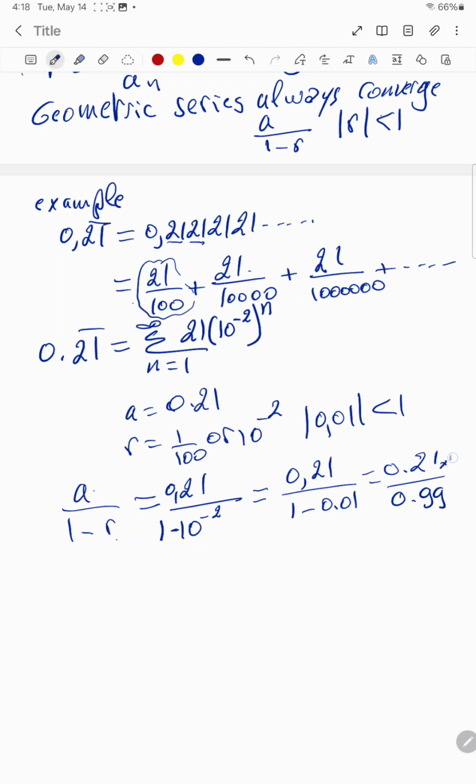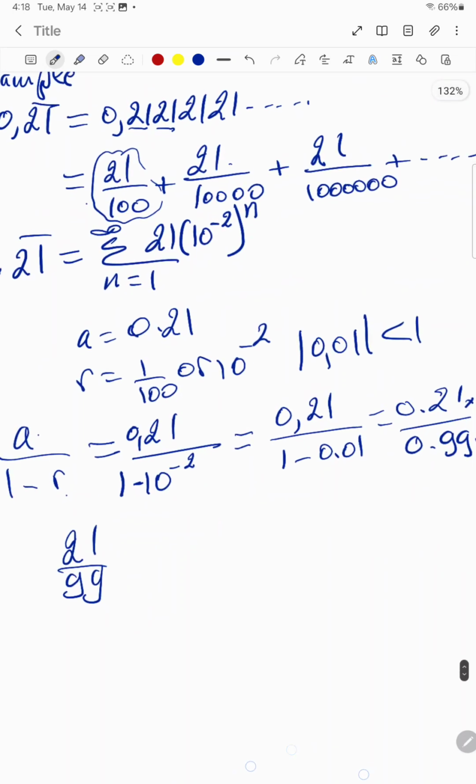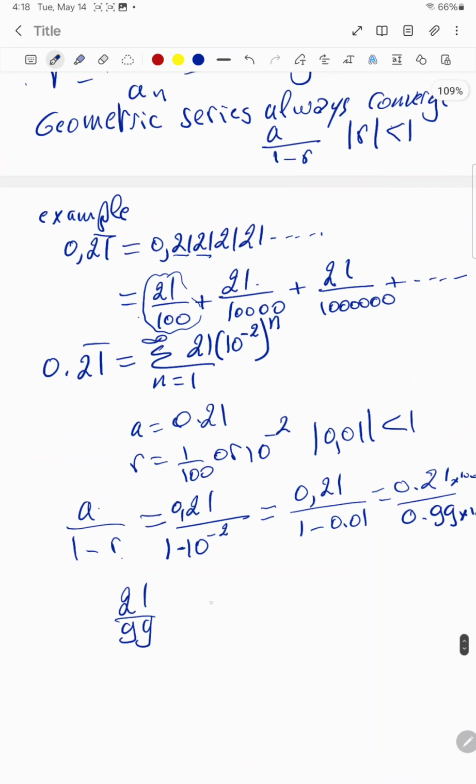If I multiply by 100 here and by 100 there, it becomes 21 over 99. So this series converges toward 21 over 99. Don't worry, we will do other examples that are a bit more complicated than this one in other videos.